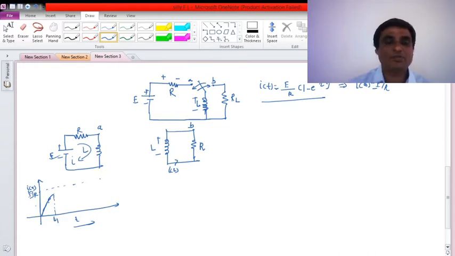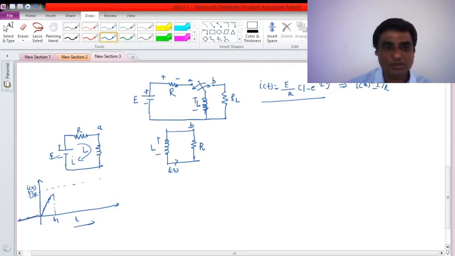So now what will happen? What I did is, first my switch was at position A. From minus infinity to 0 negative, the current was 0. Then the switch connected to position A, the current increases exponentially, and I will not wait for the current to stabilize.